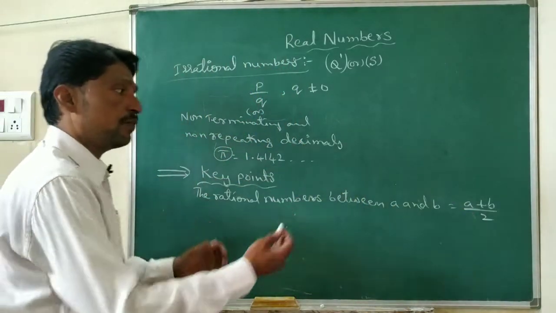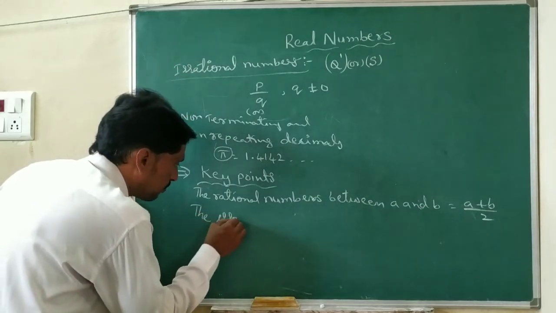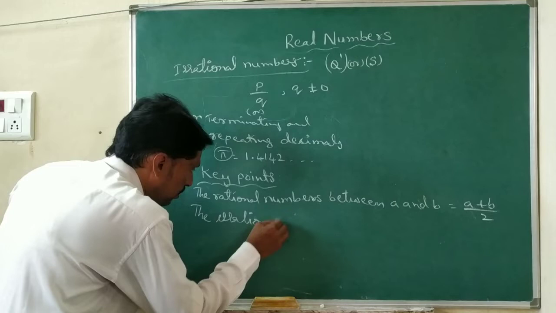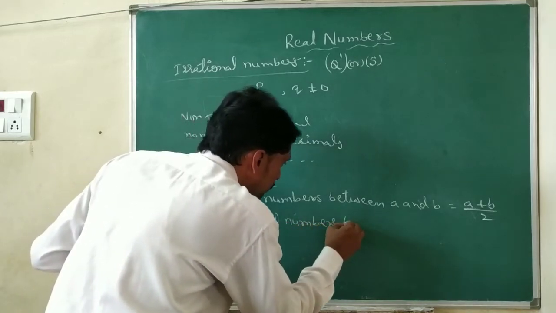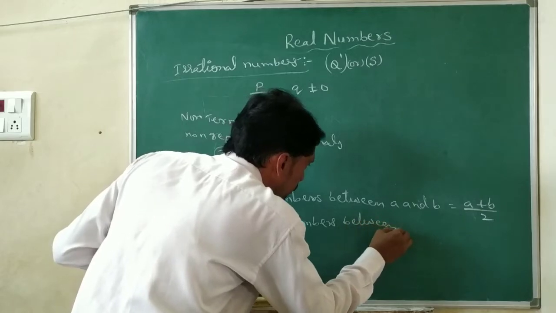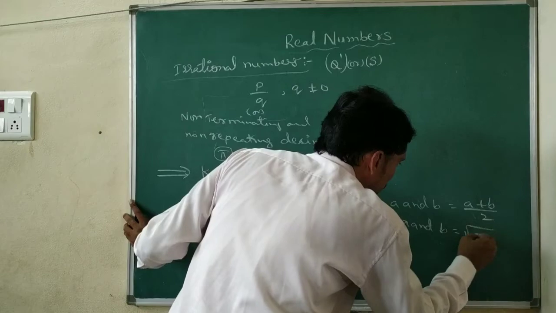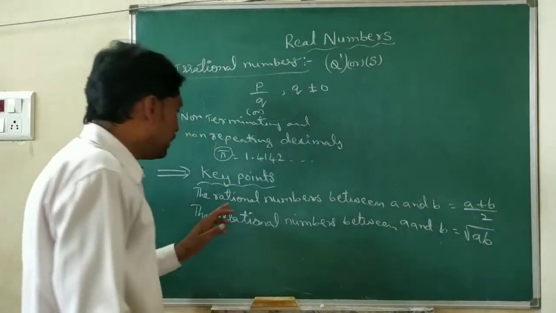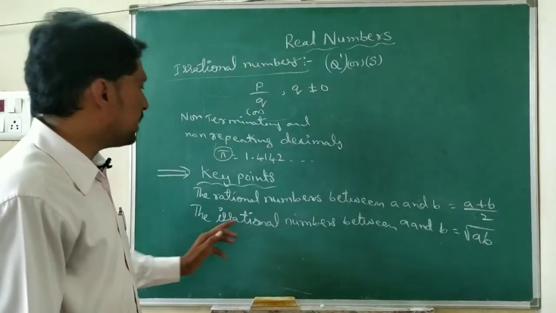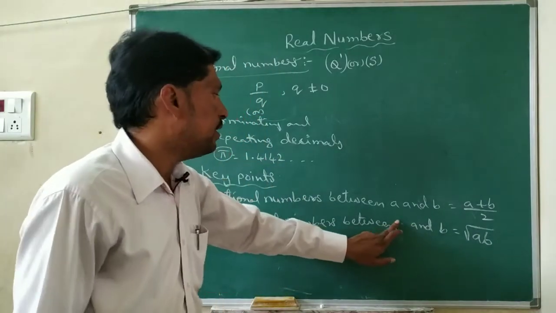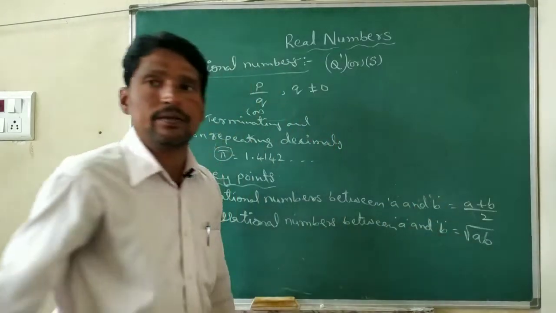The irrational number between a and b equals root ab. So here, rational numbers means we need to take a plus b by 2, and irrational numbers means we need to take root ab.